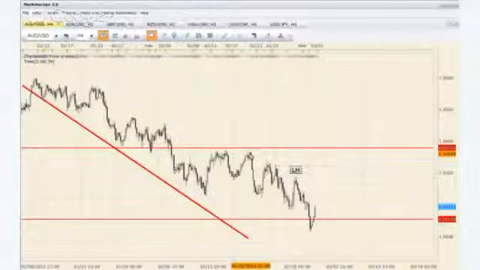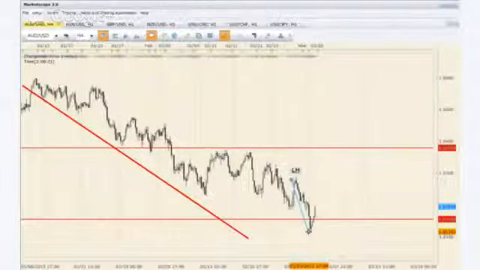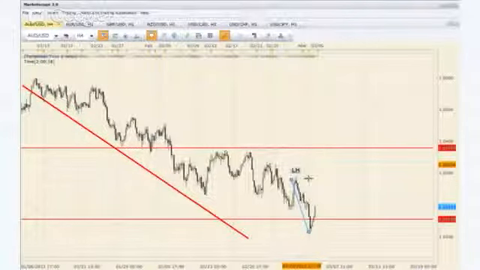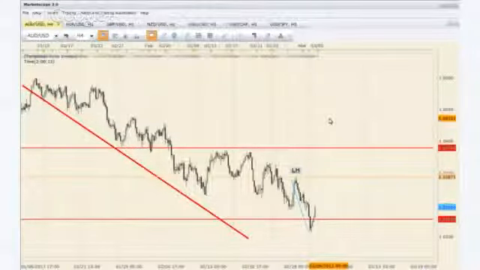Lower high, and I could say this was a nice impulsive move here, and I could drop in that.